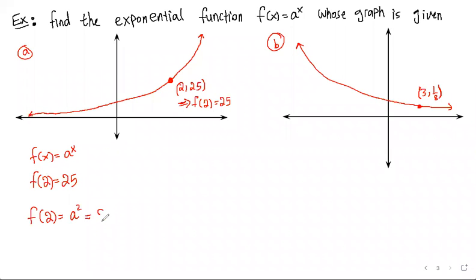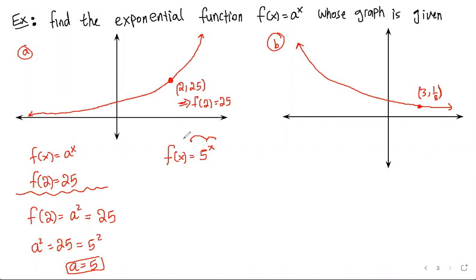So a squared equals 25, and 25 is equal to 5 to the 2. So a equals 5. Now I can find the function: f of x equals 5 to the x. So this is my function.